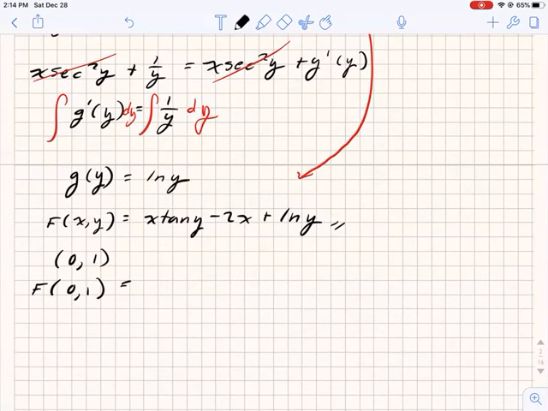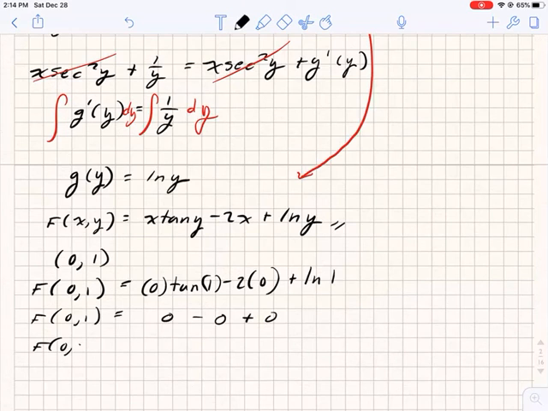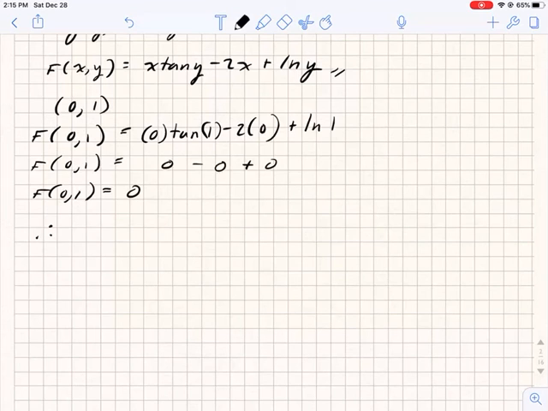So f of (0, 1) is equal to 0 tan 1 minus 2 times 0 plus ln of 1. And f of (0, 1) is equal to 0 minus 0 plus 0. So f of (0, 1) is equal to 0. Therefore, x tan y minus 2x plus ln y is equal to 0.